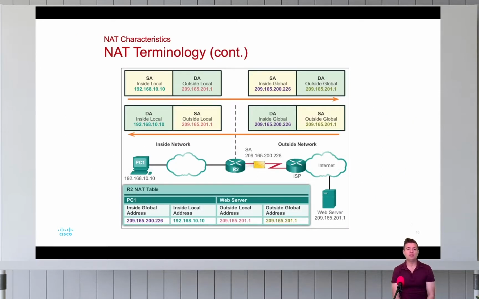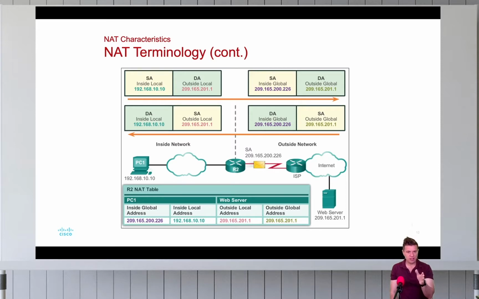Okay, so this is just another example that demonstrates the same principle I mentioned a minute ago. If you take a look at this little example down here, we have PC1 on the inside of our network, and then we have R2 that sits on the boundary of our network. So the inside local address, as you can see, matches what we have for the PC: 192.168.10.10.